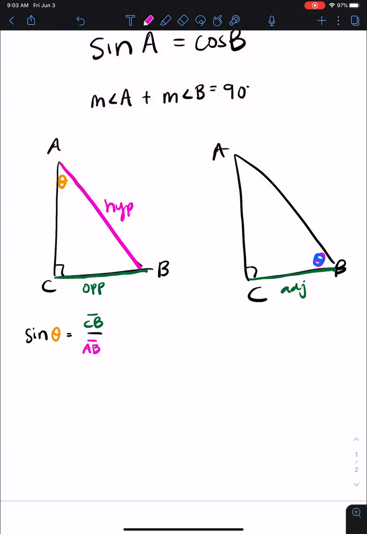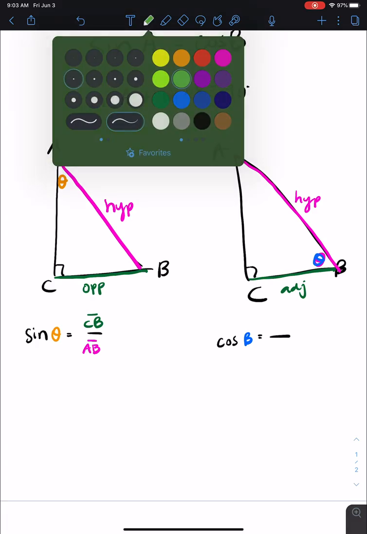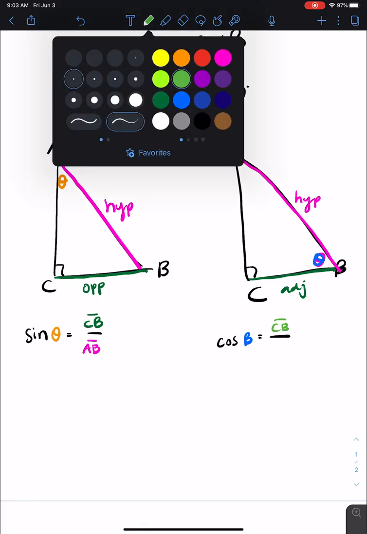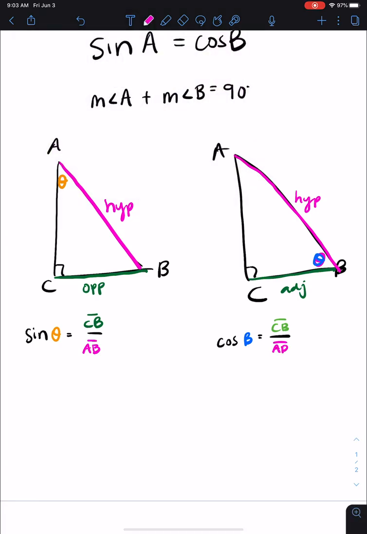With cosine, it's adjacent over hypotenuse, so we also want the hypotenuse, which again here is AB. So we get cosine of B is equal to the adjacent, line segment CB, over the hypotenuse, line segment AB.